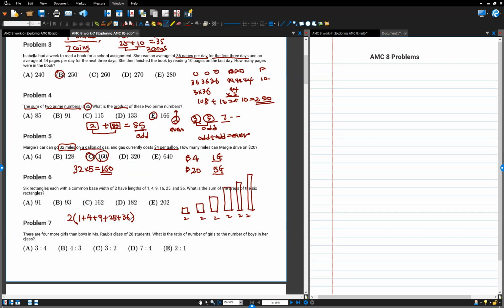Or you can separate, okay? 2 times 1 is 2, 2 times 4 is 8, 2 times 9 is 18, 2 times 25 is 50, 2 times 36 is 72. You can add more, right? This is 10. This one is 90. 90 plus 10 is 100. That's right. And the 50.